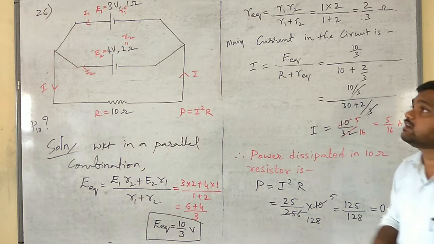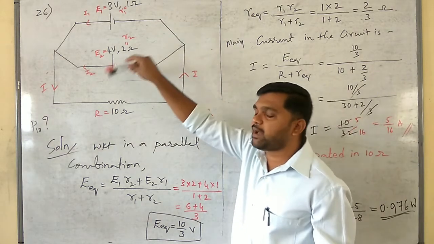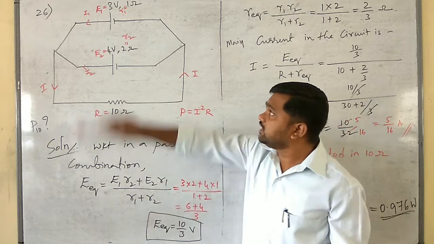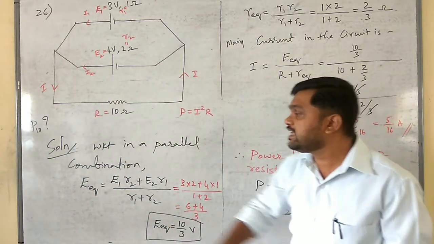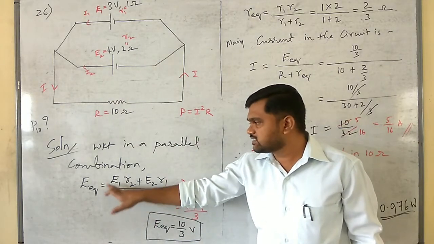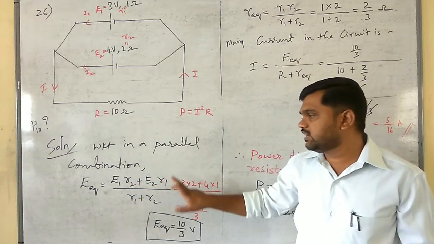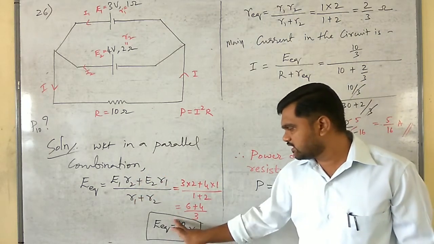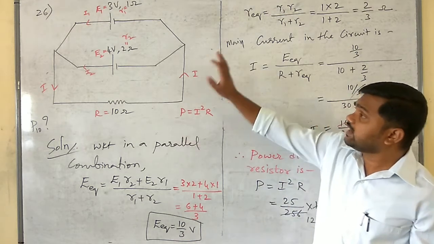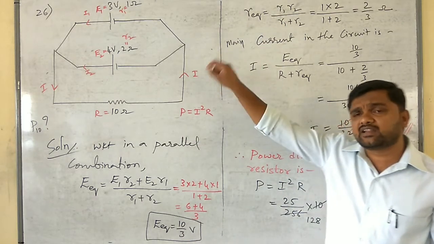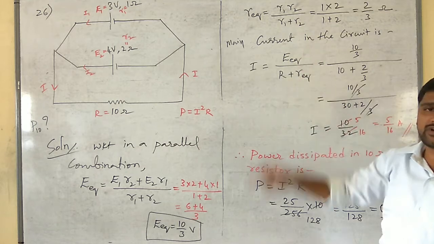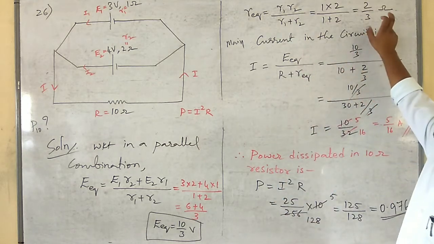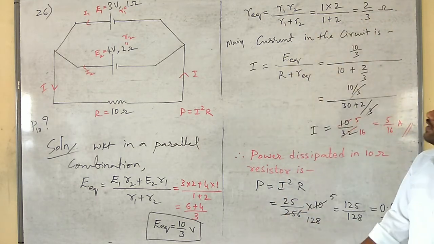Okay, so this is the actual procedure. What I have done here, the given combination is a parallel combination. In parallel I have found E equivalent. E equivalent is given by E1 R2 plus E2 R1 divided by R1 plus R2. So on solving, 10 by 3 will come. Next, to find the small r equivalent, R1 R2 divided by R1 plus R2, on calculating we get 2 by 3 ohm.